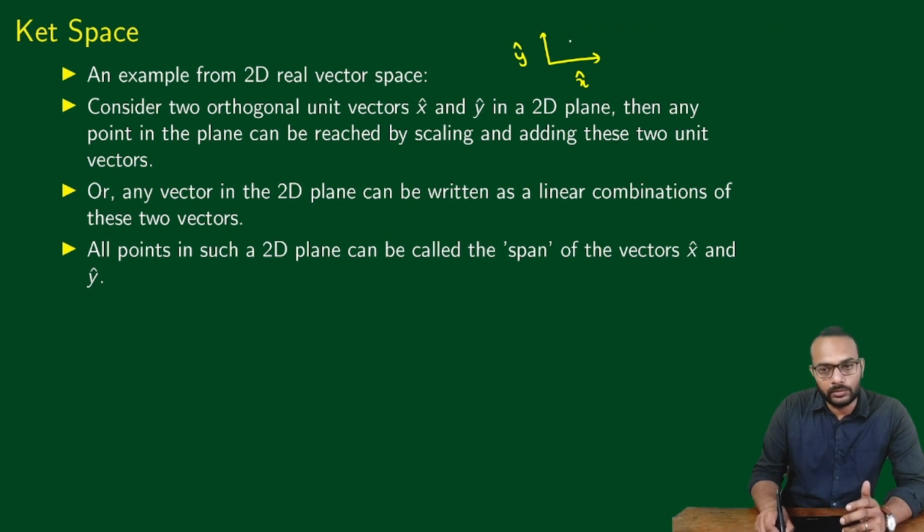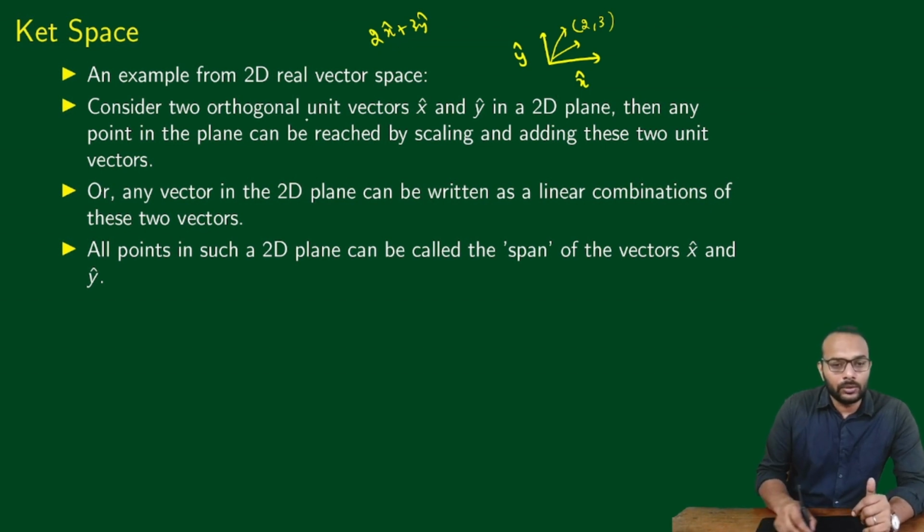This we already know, because any point in the plane can be represented by two numbers, 2, 3, something like that. This means that we can draw vectors to any point, given by, let's say, 2x hat plus 3y hat, etc. So we can reach any point on this plane by scaling and adding these two unit vectors.